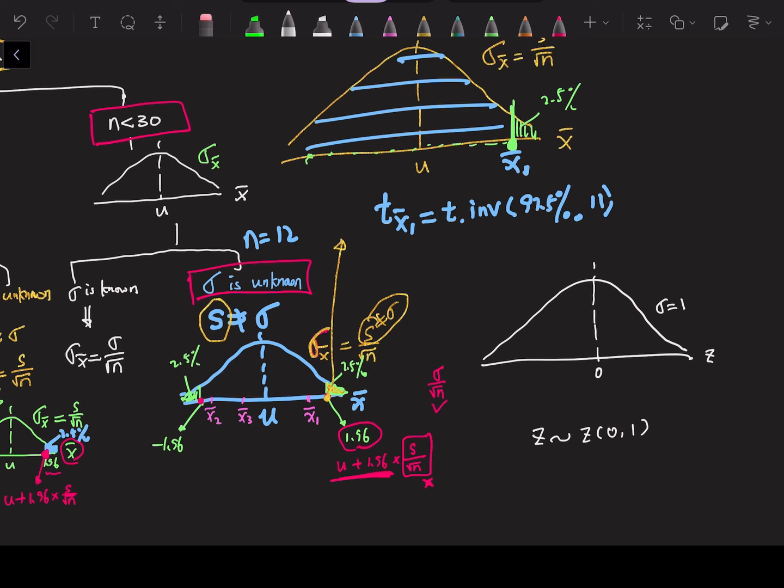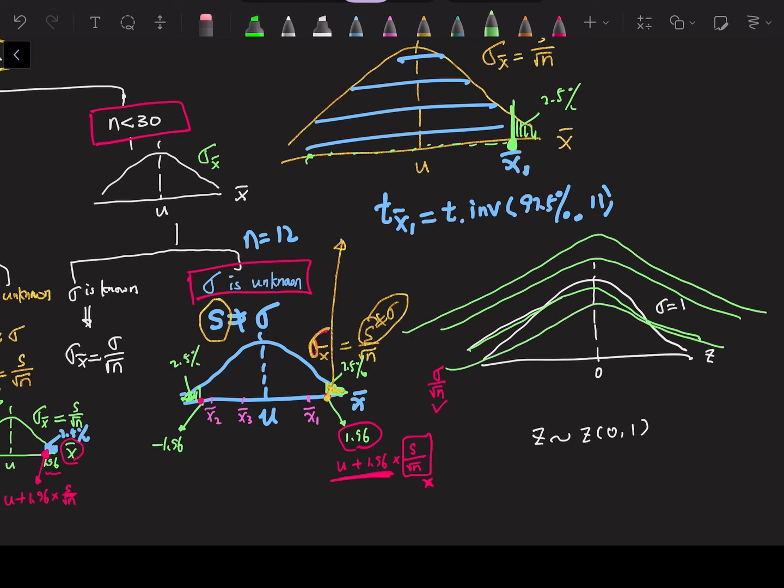But for the t distribution, there are an infinite number of t distributions. So t is like this. Let me use this color. The t distribution is like this. It has the same mean, but a different standard deviation.